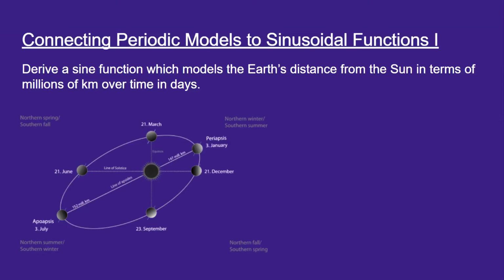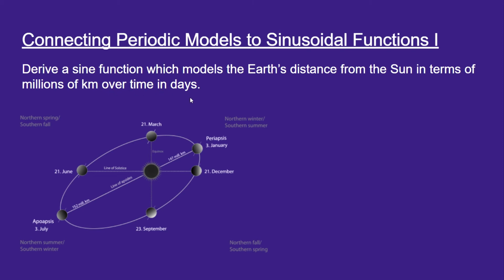So in this problem here, we're being asked to derive a sine function which models the Earth's distance from the sun in terms of millions of kilometers over time in days. Notice, by the way, guys, this is important information at the end here. It tells us what the units are that we're working in. Millions of kilometers is my unit of distance, over time in days.